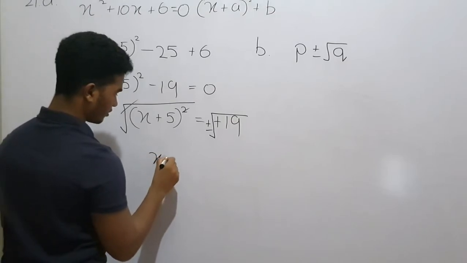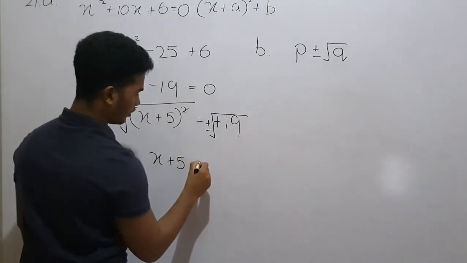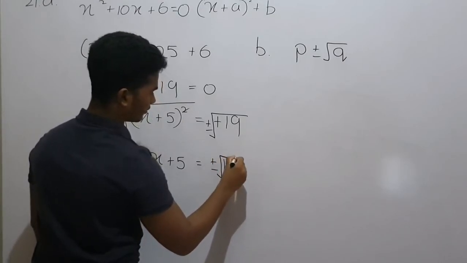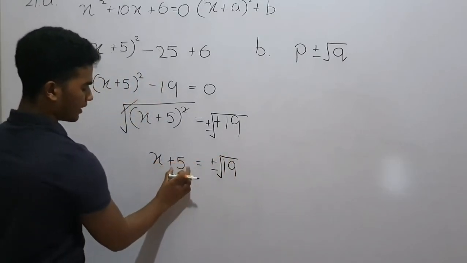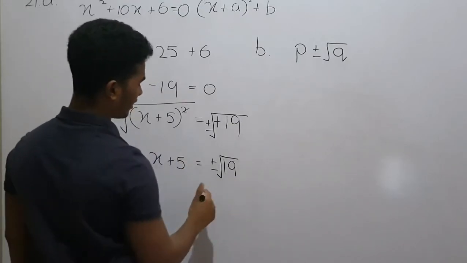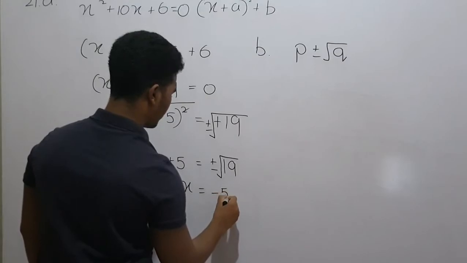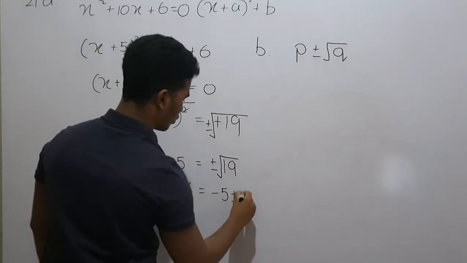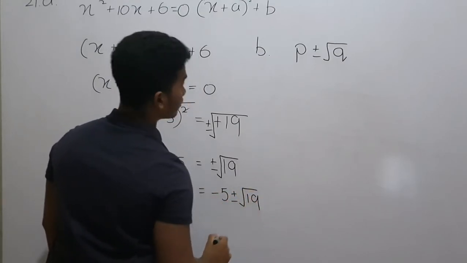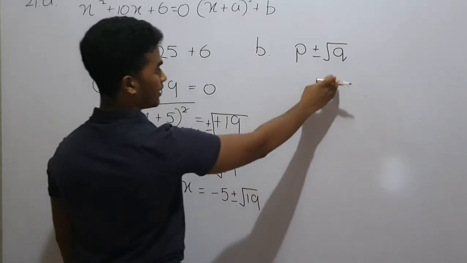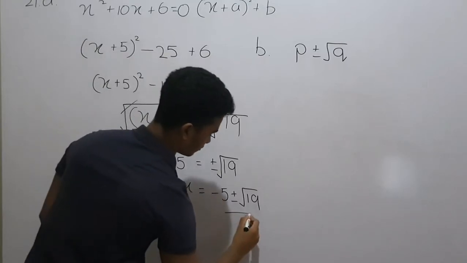So x plus 5 equals plus or minus root 19. Take plus 5 to this side, it will become minus 5. So x equals minus 5 plus or minus root 19. See, now it is in this format. P is minus 5 and Q is 19.